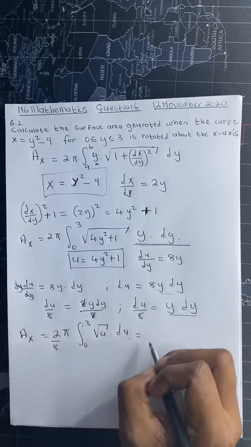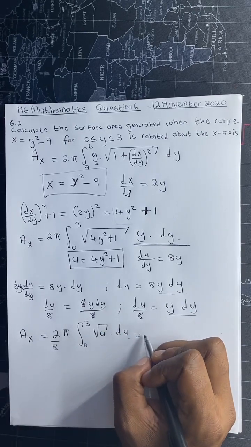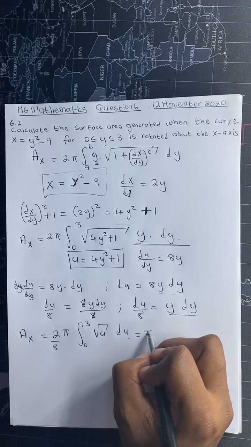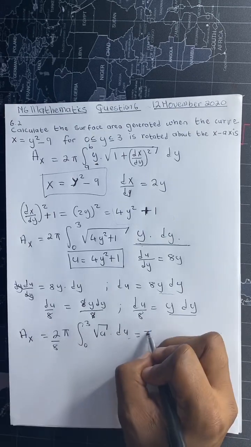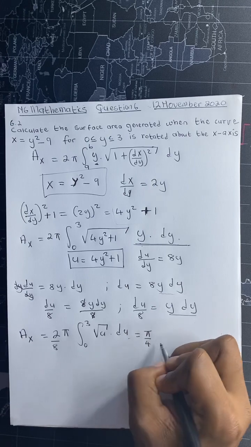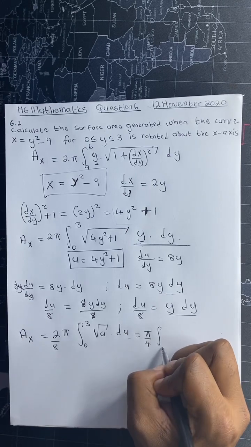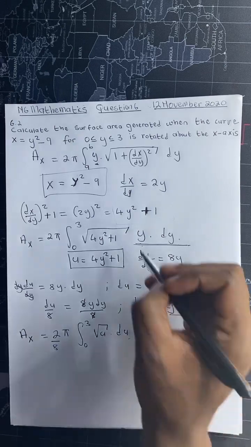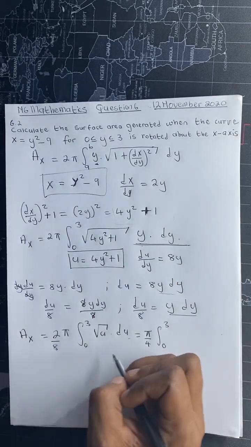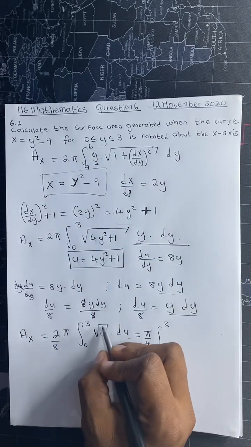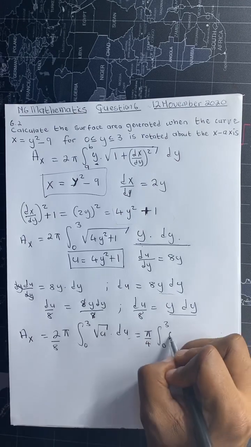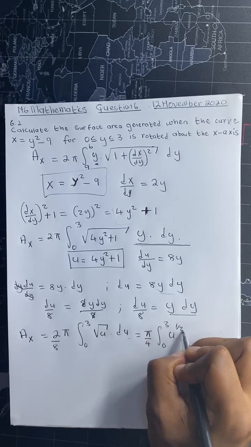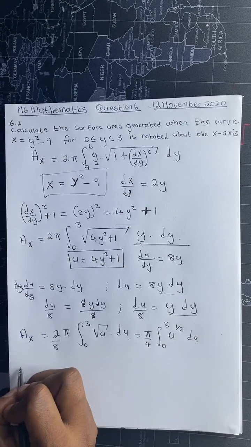So 2 divided by 8 will be 1 over 4, multiplied by that pi will be pi over 4, the integral from 0 to 3. Remember, these boundaries are the boundaries of y and not of this u. So the square root of this u, we can write as u to the power 1 over 2 du.